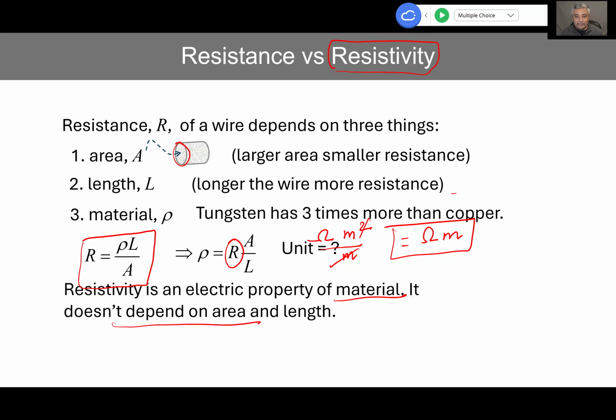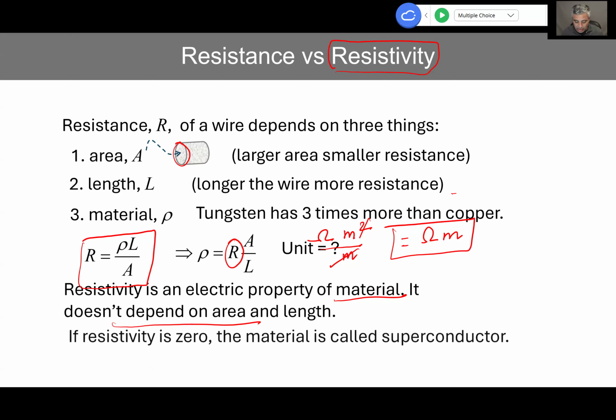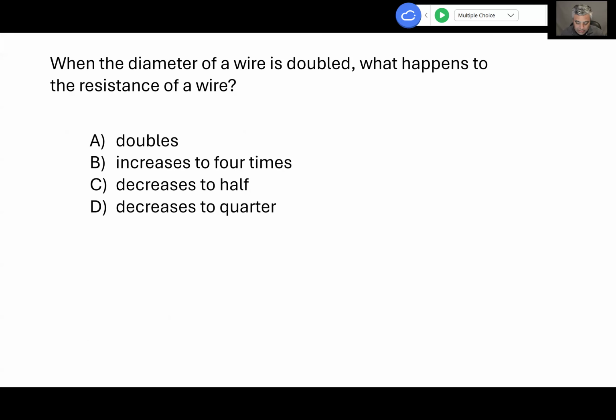But in real life, if these wires lose resistance, if the resistivity is 0, then we call them superconductors because the electrons just keep flowing. You set up the current in a coil, and it just keeps running for a very, very long time, for days. That is called a superconductor.